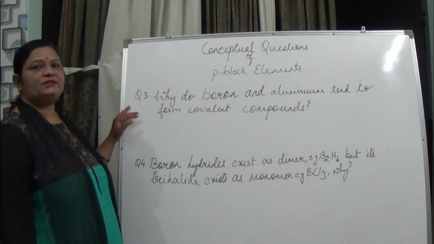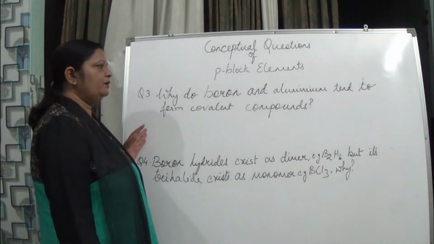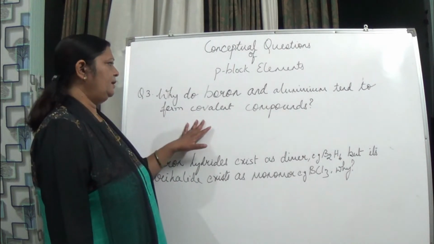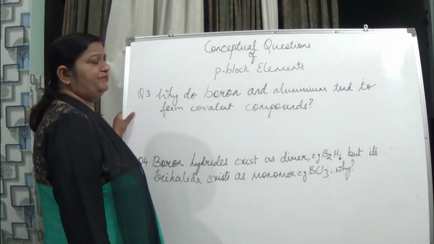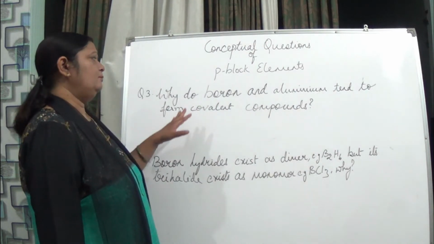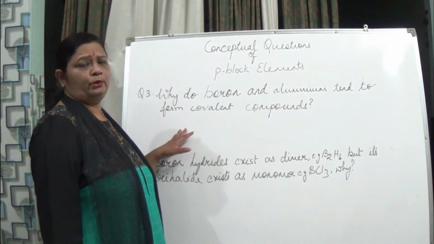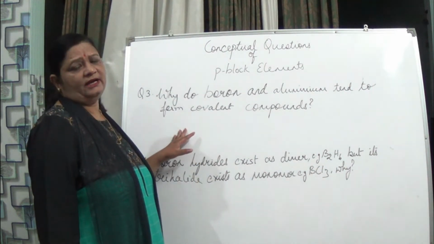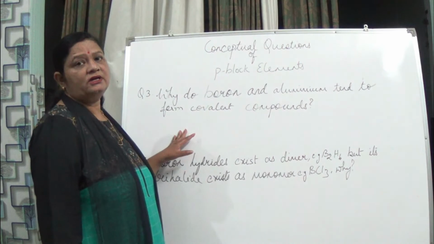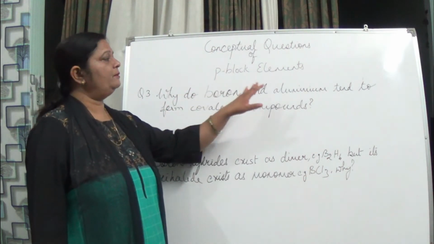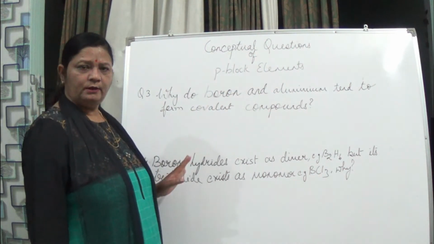Now coming to the next question. Why do boron and aluminium tend to form covalent compounds? Why? Here we are saying both boron and aluminium have 3 electrons in the outermost shell. Boron has the atomic number 5, aluminium has the atomic number 13.